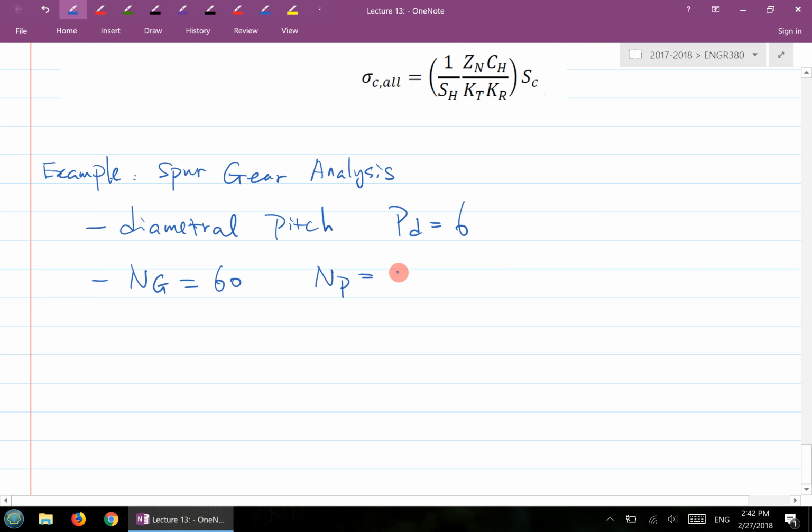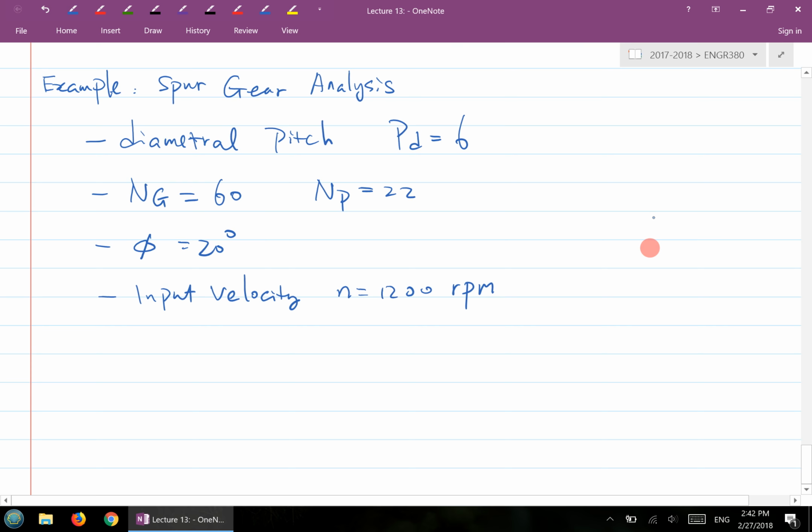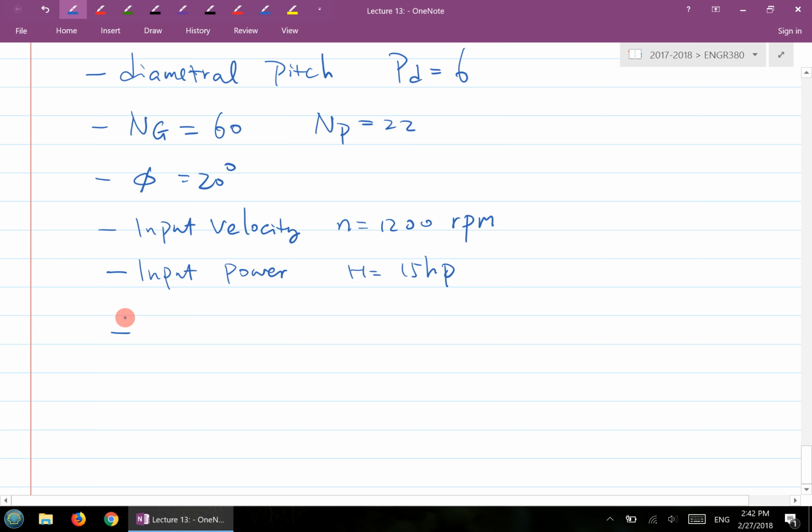The number of teeth for the pinion is 22. Pressure angle 20 degrees. Input velocity 1200 RPM. Input power 15 horsepower. And we're using gray cast iron.